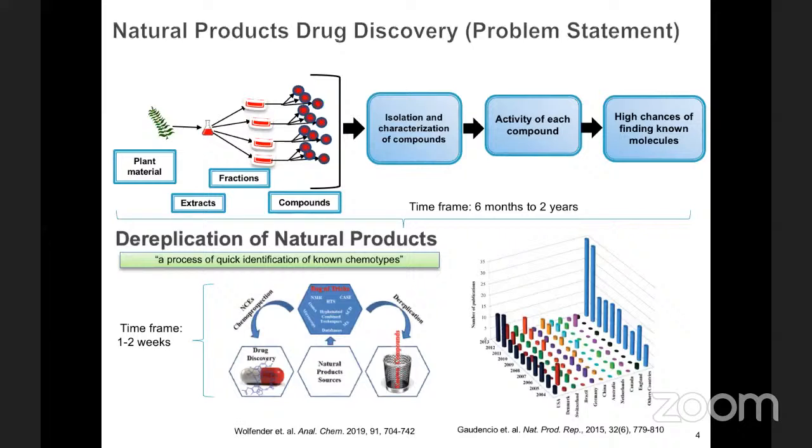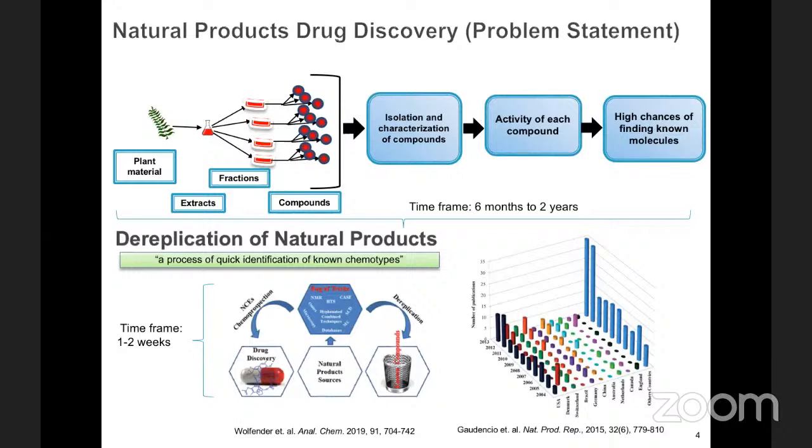Though you have to work on the structural elucidation part, the probability of that molecule being new is very high, and that is the advantage. If you are working on a novel scaffold, it gives you more pleasure to work on, and at the end you get more satisfaction, ending up with a new compound.